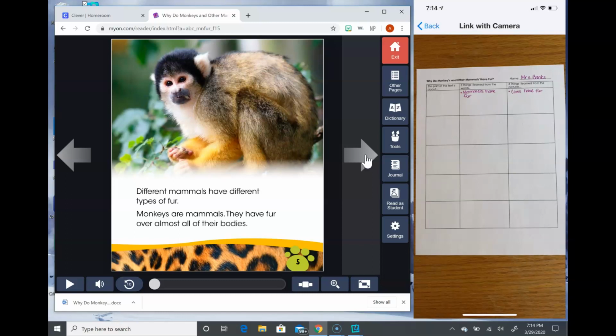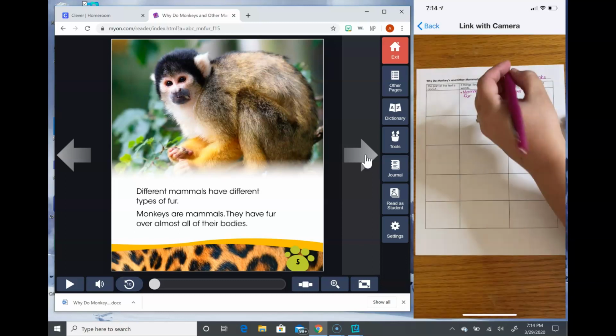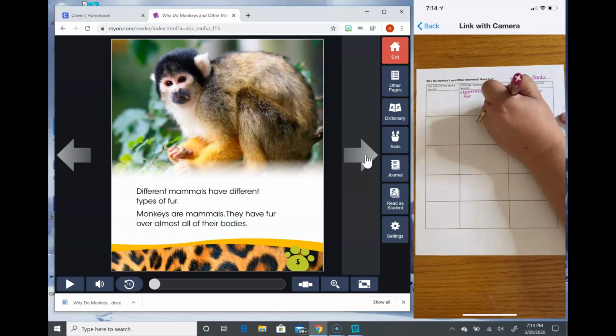So I'm going to stop right here. Oh, I can see a monkey in the picture. The monkey has fur. You know, I didn't just get this from the picture though. I also read that monkeys are mammals and they have fur.